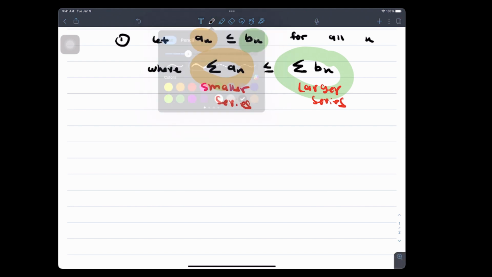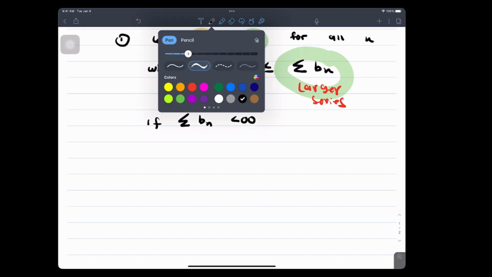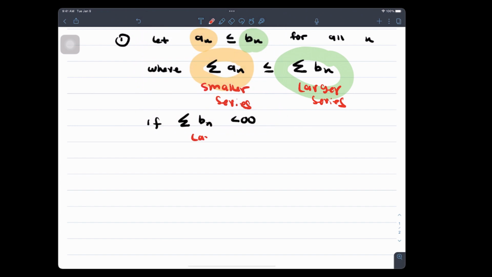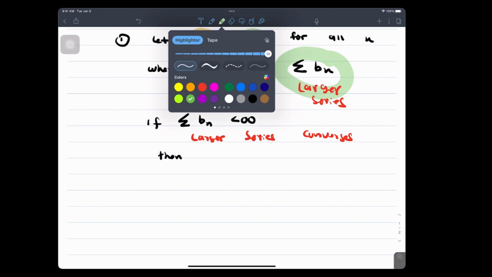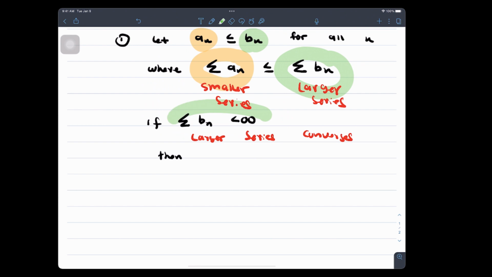So here's our first criterion. If the larger series converges, then what does that force the smaller series to do? This is your assumption: the bigger series is finite.